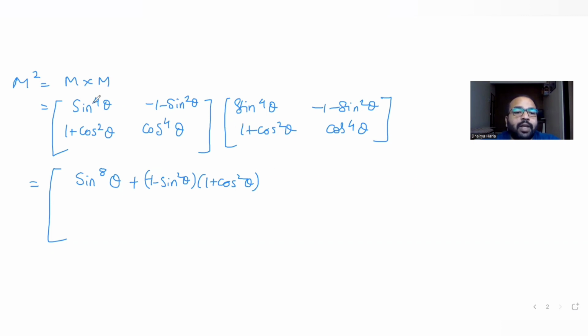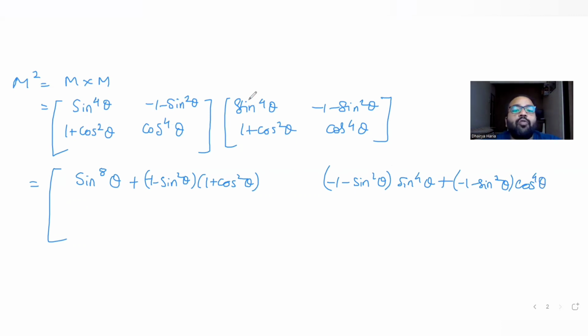Next, taking the first row and second column: sine raised to 4 theta into minus 1 minus sine square theta, plus minus 1 minus sine square theta into cos raised to 4 theta.